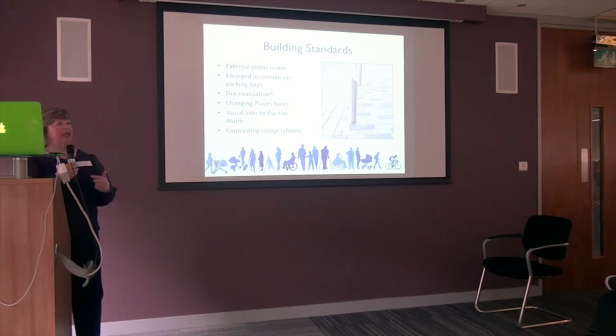Why isn't designing for accessibility interspersed throughout the rest of the building regulations? So Part T was there for about 10 years, and then the elements were interspersed and more accessibility elements were added.